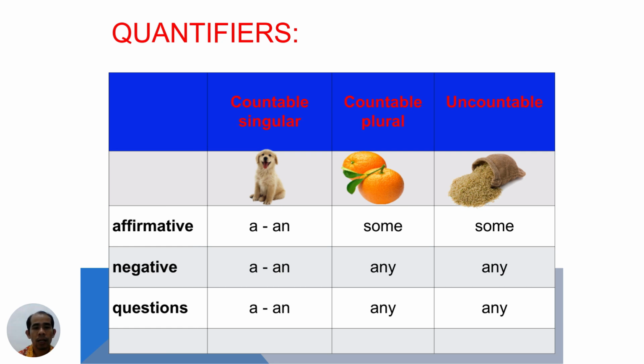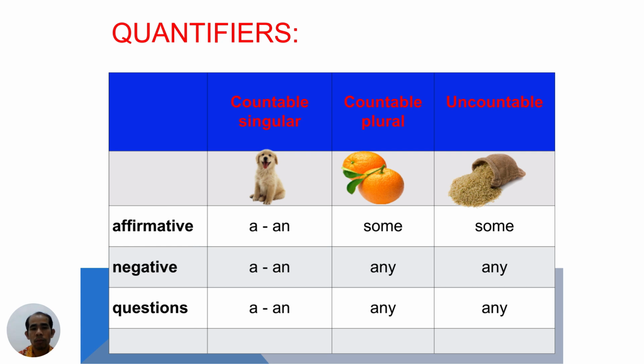Okay, in an affirmative sentence or positive sentence, in countable singular, we can use a and an. Example, a dog, an apple. In negative and question also using an.